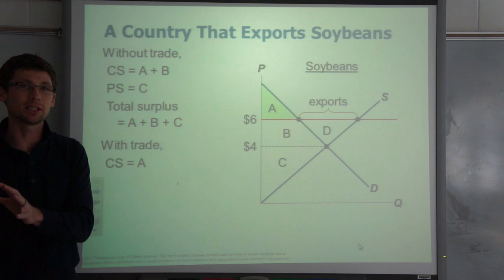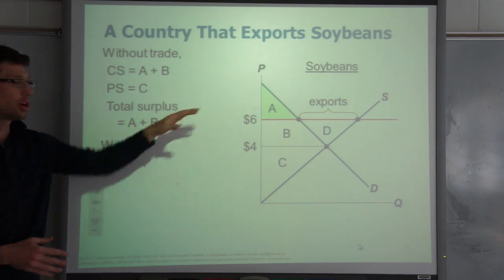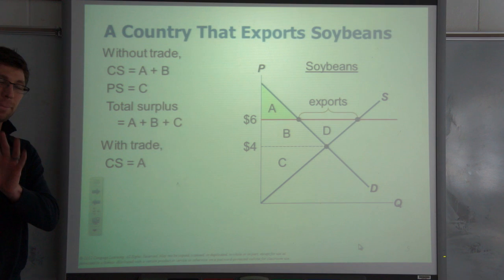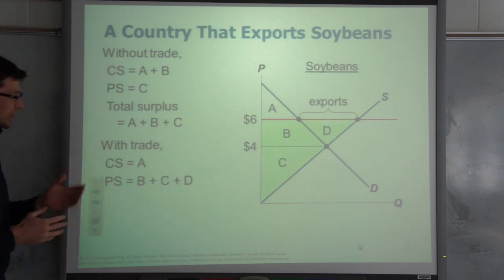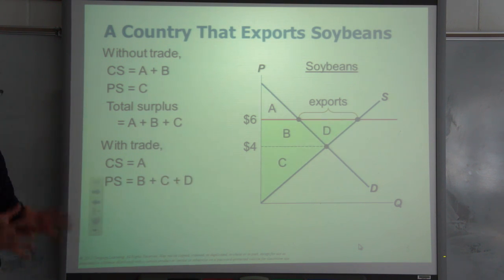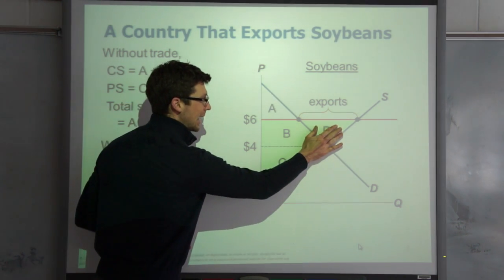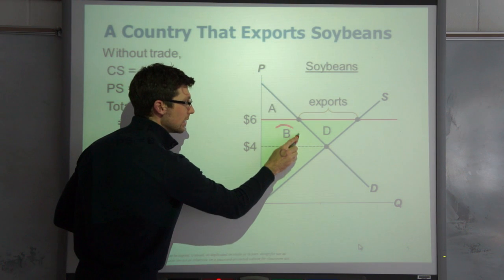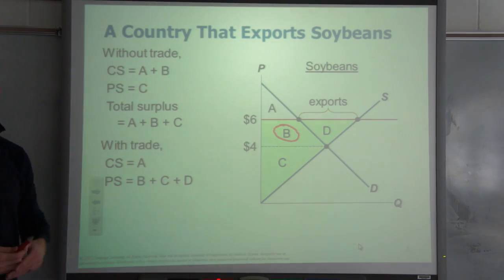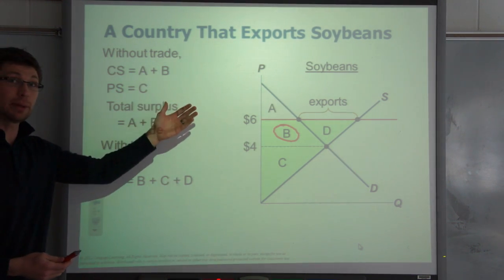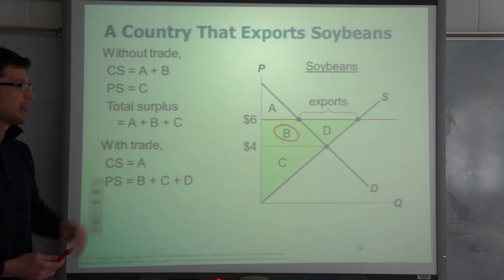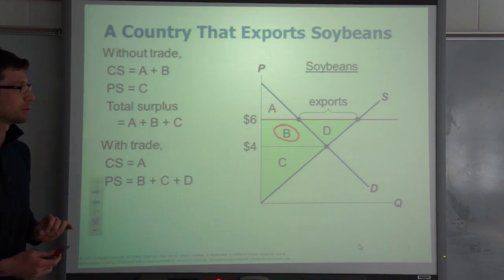You might then be inclined to say, we don't like trade because it hurts consumers in this instance. But, bear with me, take a look at what happened to producer surplus. Domestic producers are now getting C, B, and D. B, they capture from domestic consumers.